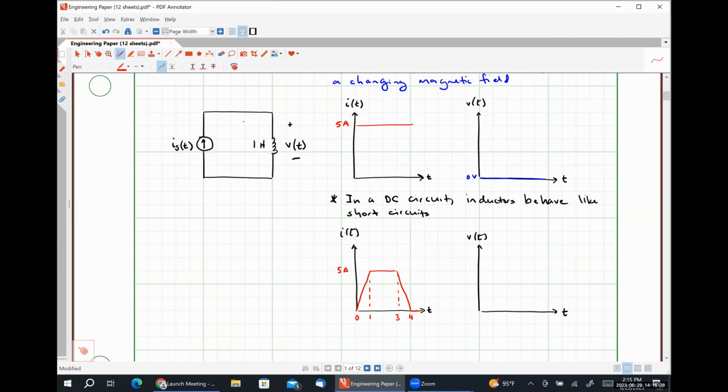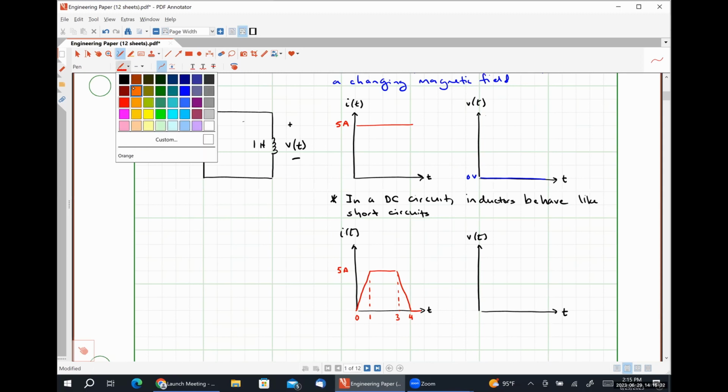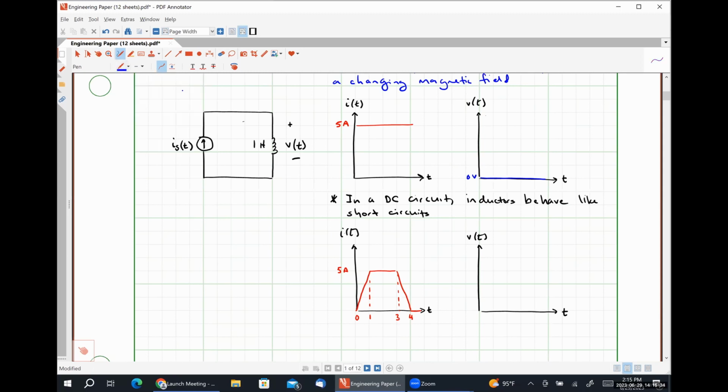So we know from our previous work that between 1 and 3, because our current is constant, our voltage is going to be 0. But what's going to happen over that interval from 0 to 1 second?